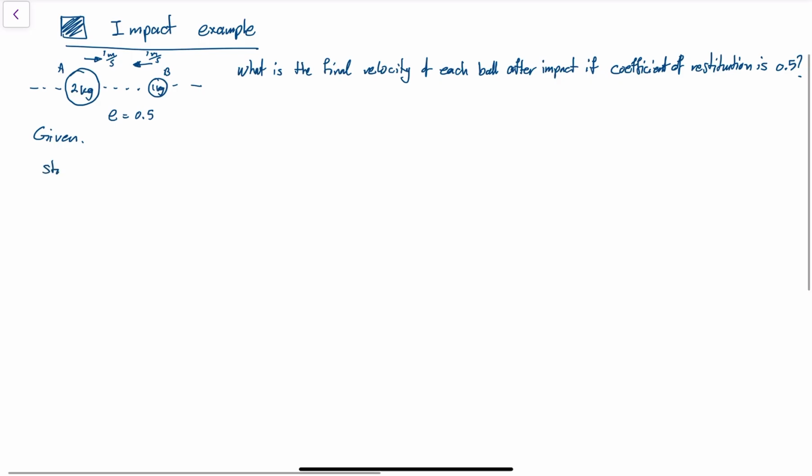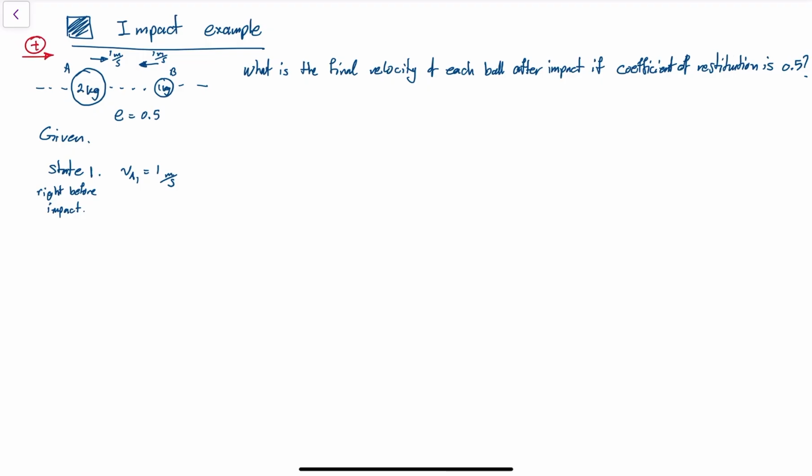So my state one is right before impact. I know the two velocities. VA1 is 1 meter per second. For convenience, pick at random one positive direction and stick with it.